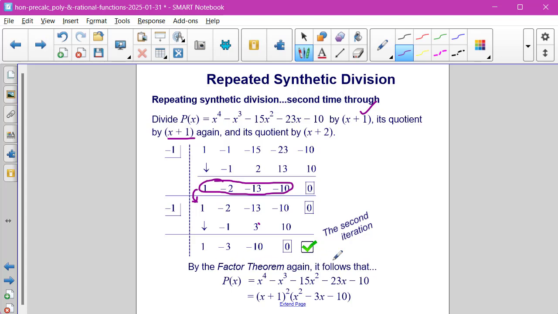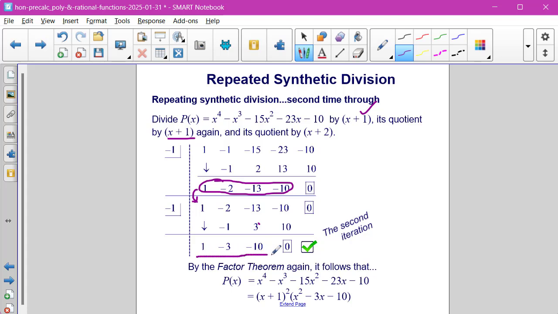So by the factor theorem again, it follows that our original p of x polynomial function is equal to x plus 1 quantity squared, because we had -1 synthetically divided 2 times, and we are left with x squared minus 3x minus 10.